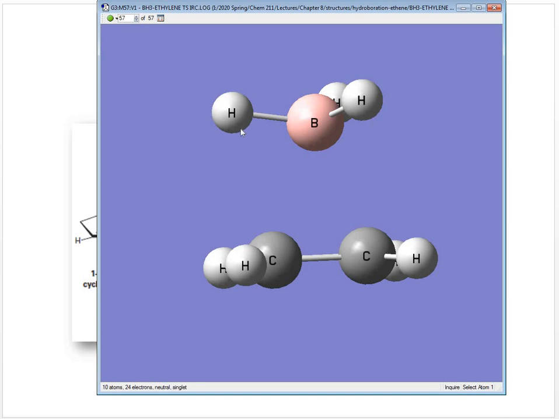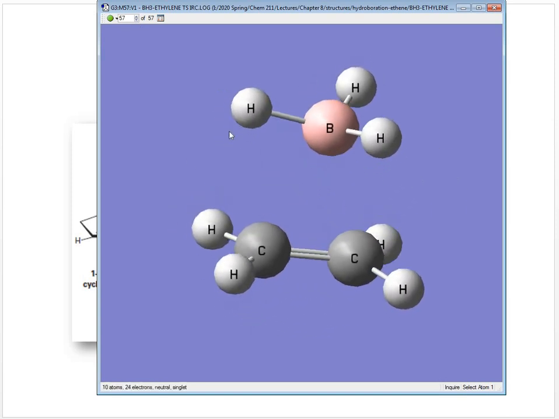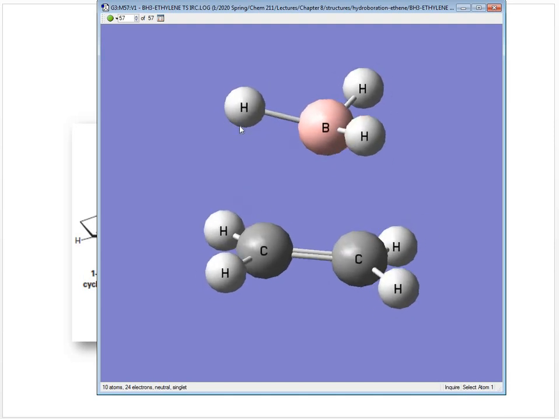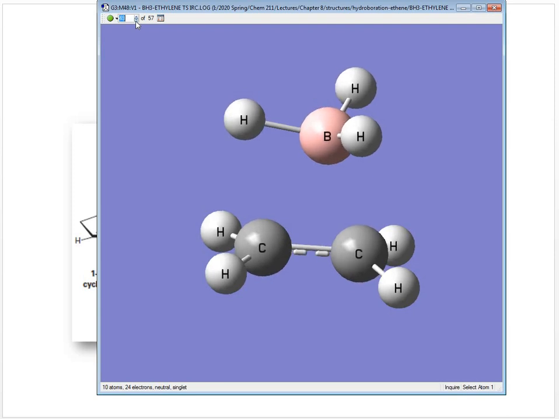So look at here. These are two separate molecules. They are close enough to each other, and we are going to form first an organoborane intermediate. Okay, let's start. See, BH3 is approaching the carbon-carbon double bond.